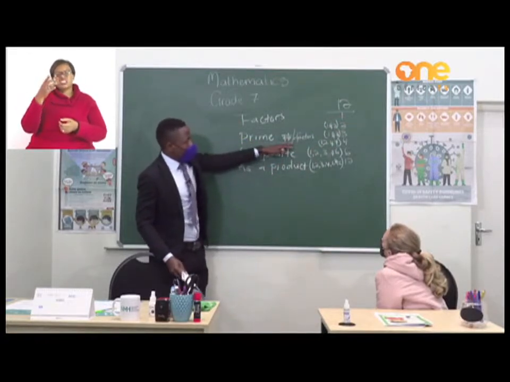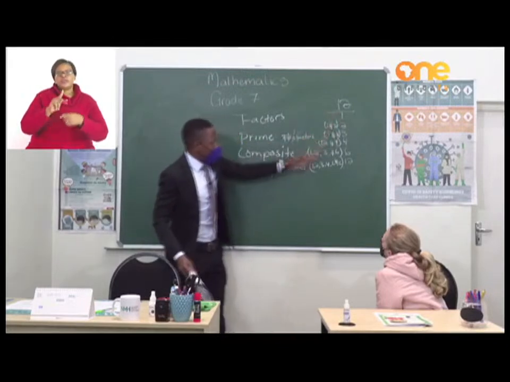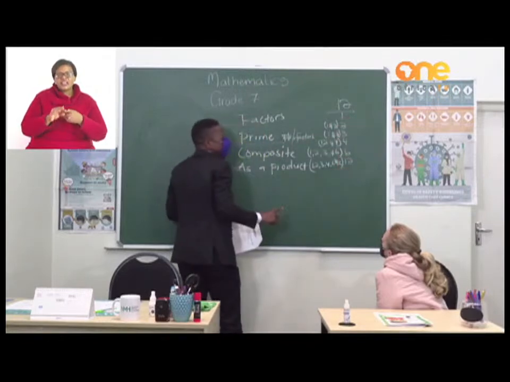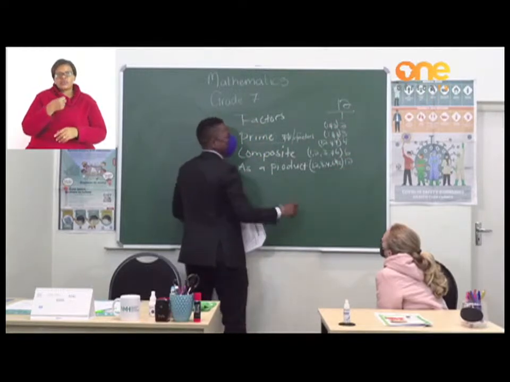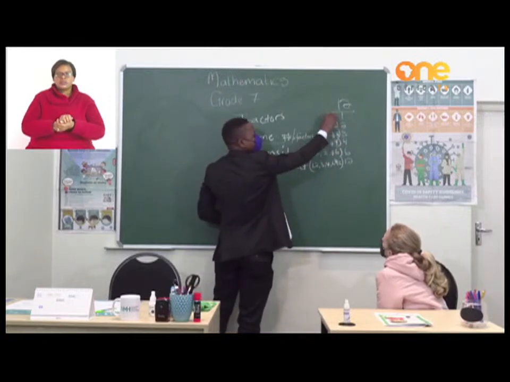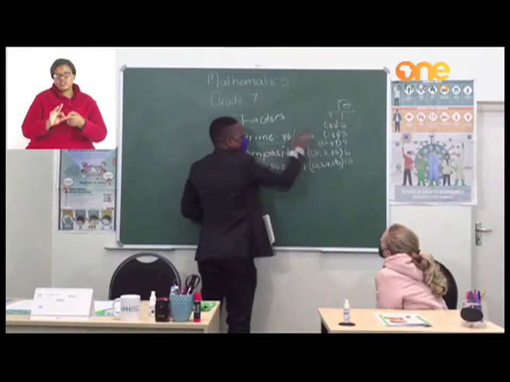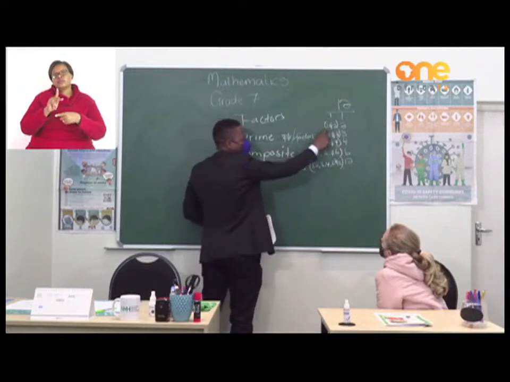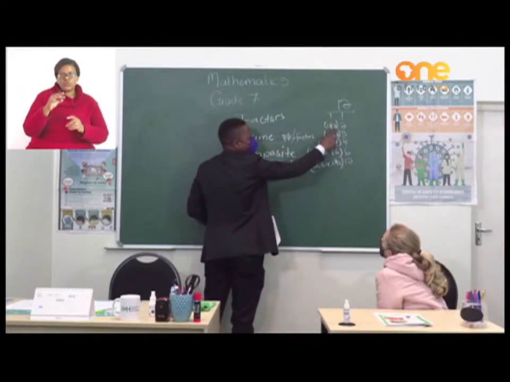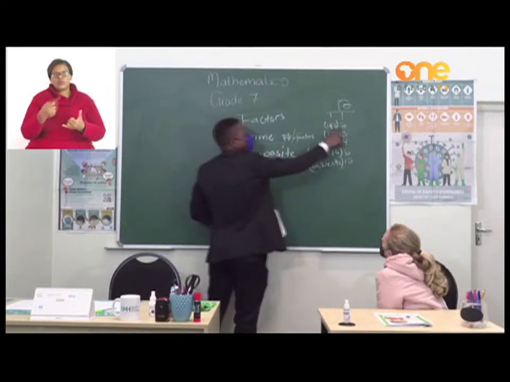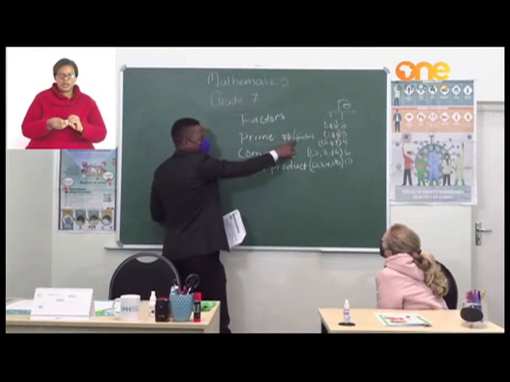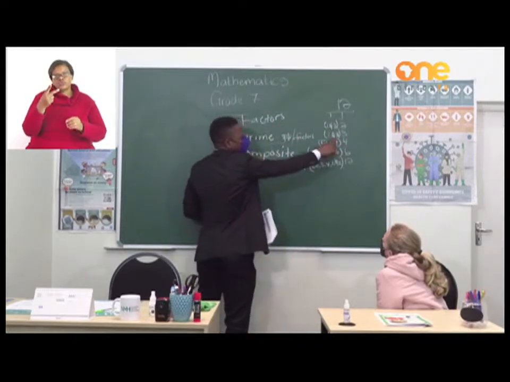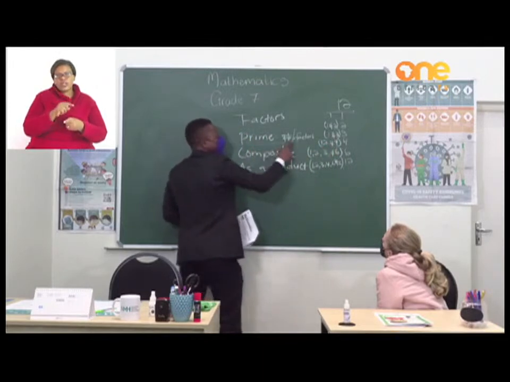A prime number, in this case we say a prime factor, is any factor listed down here which has only 2 factors. 1 has only 1 factor, so 1 is not a prime factor. 2 has 2 factors, which are 1 and 2. So in this case, 2 is a prime factor of 12. 3 has 2 factors, so 3 is a prime factor of 12.